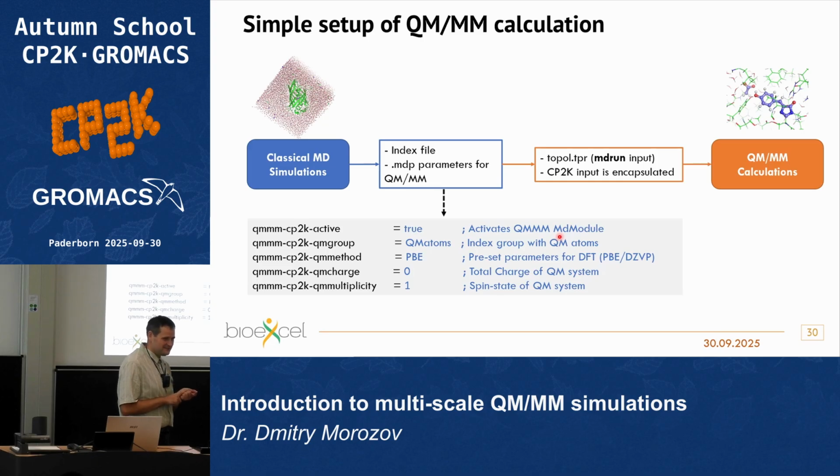But the idea is that the best bond to cut between QM and MM system, the best case scenario, is an sp3 bond between two carbon atoms.